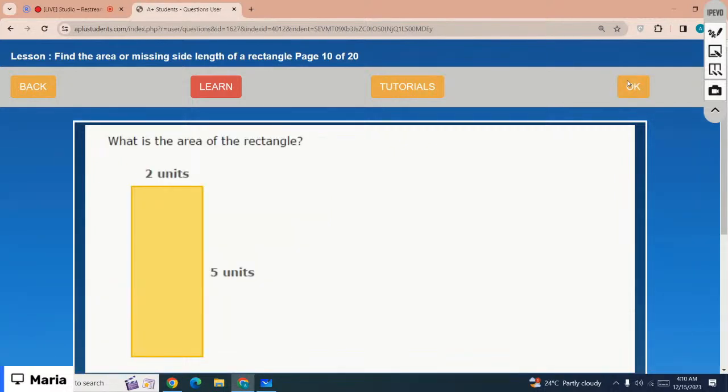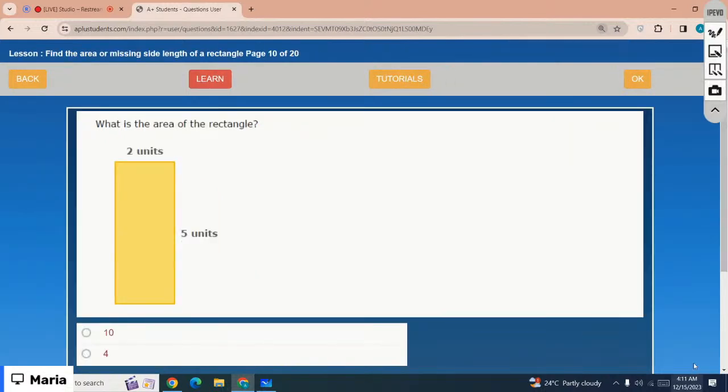Okay, the next one is what is the area of the rectangle? Which is the correct option? The correct option is 5 times 2, and the correct option is 10.